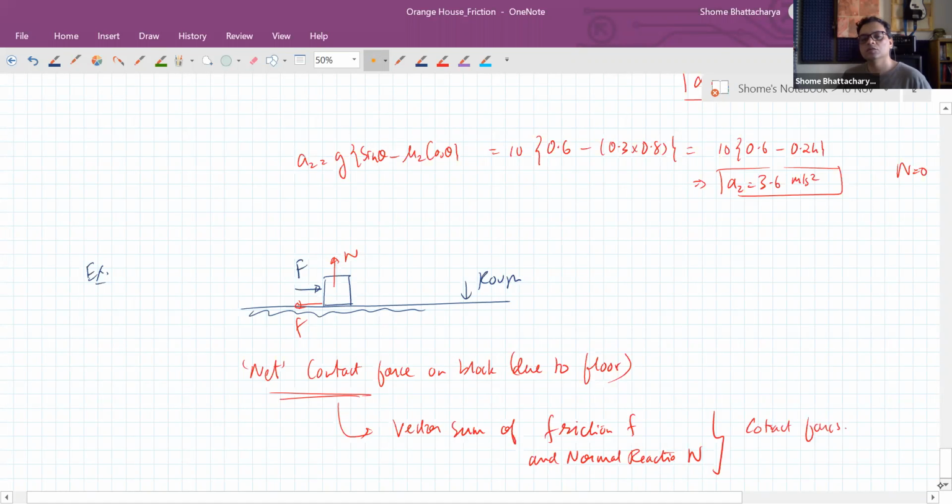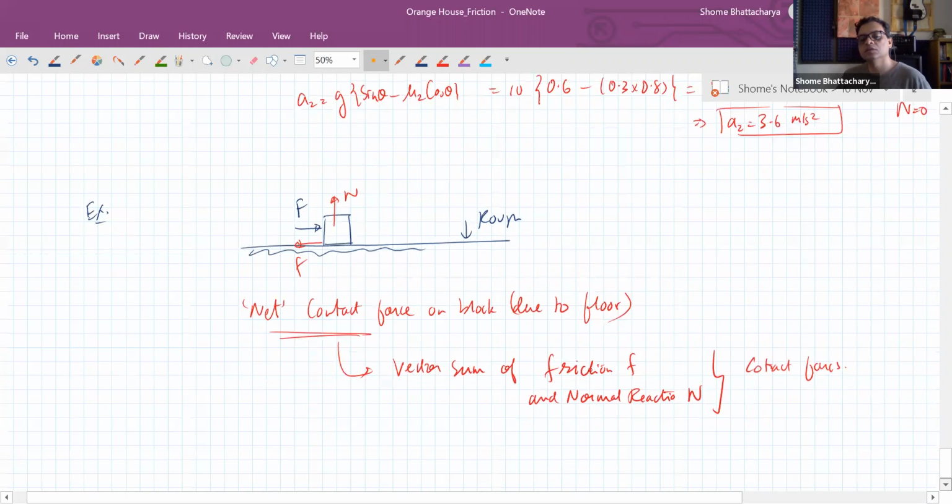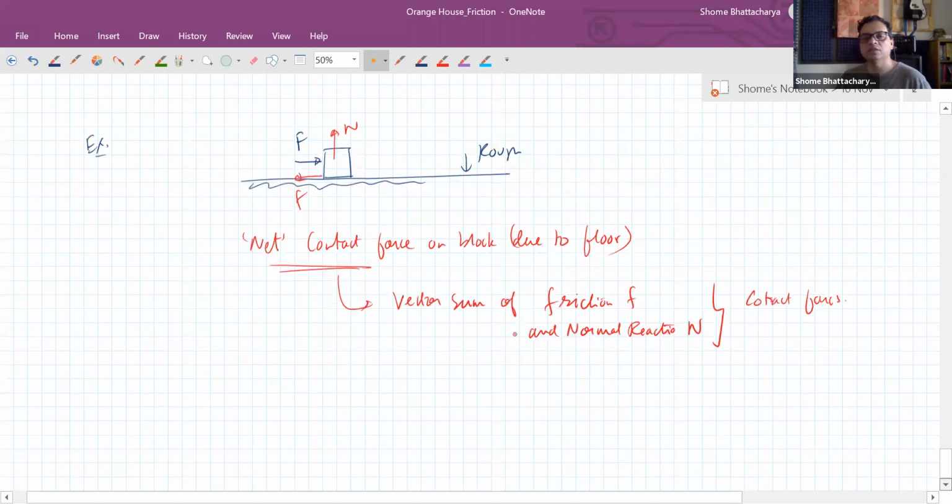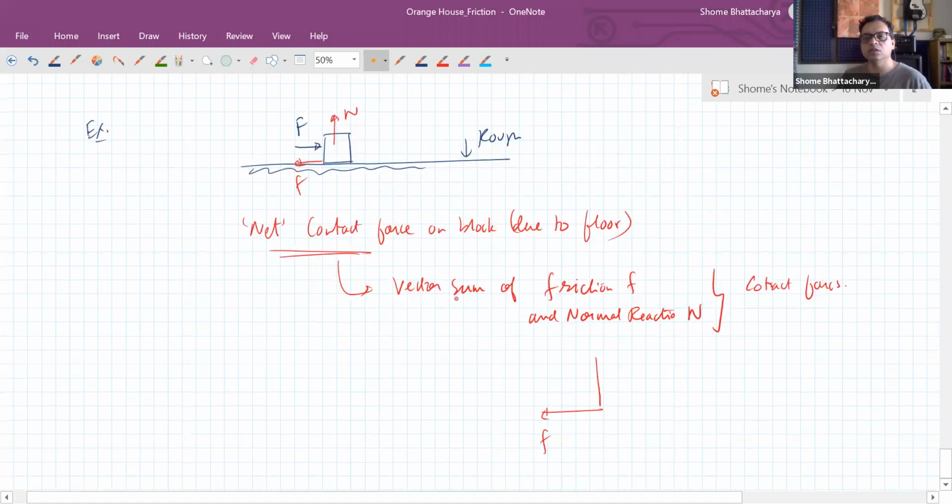So whatever the friction be, it could be static, kinetic, whatever. And whatever the normal reaction be, it could be equal to the weight. In a different situation, it might be more or less than weight also, depending on external forces.